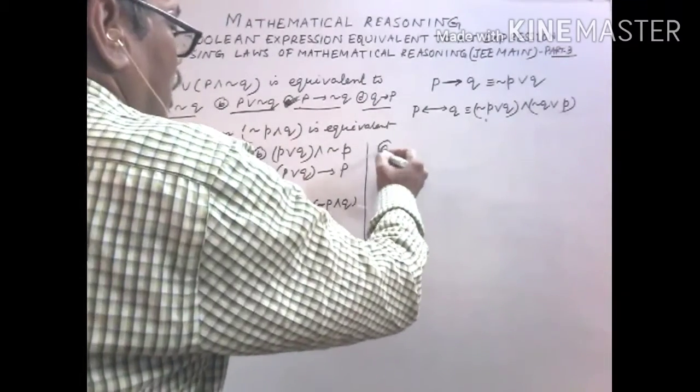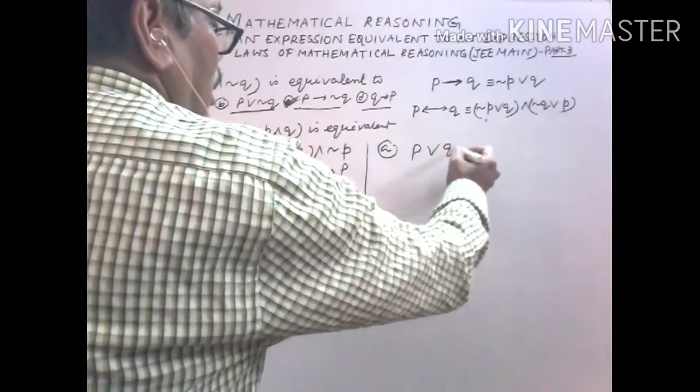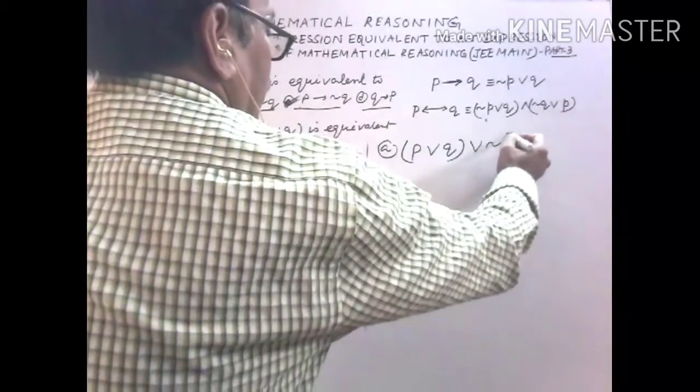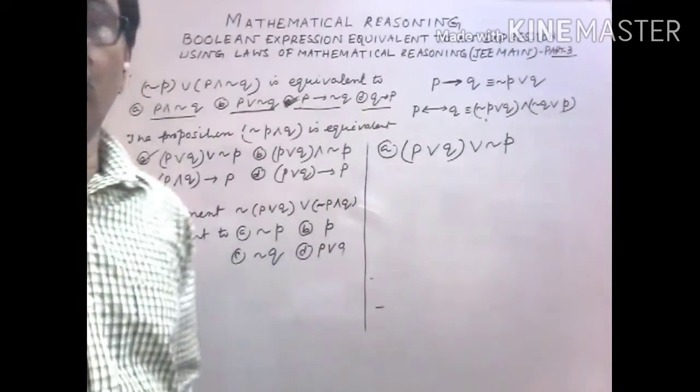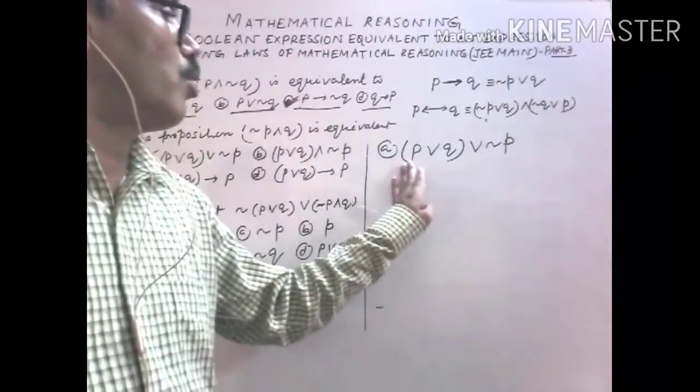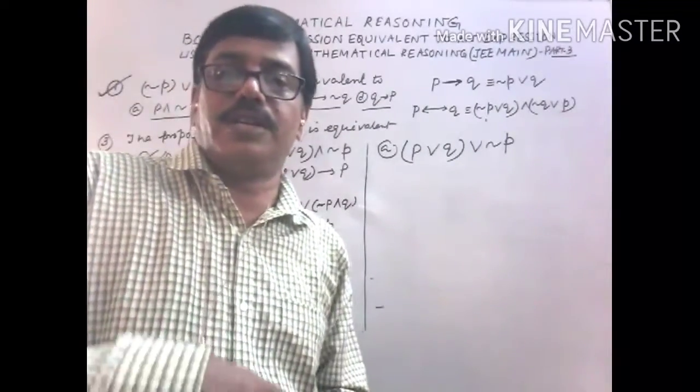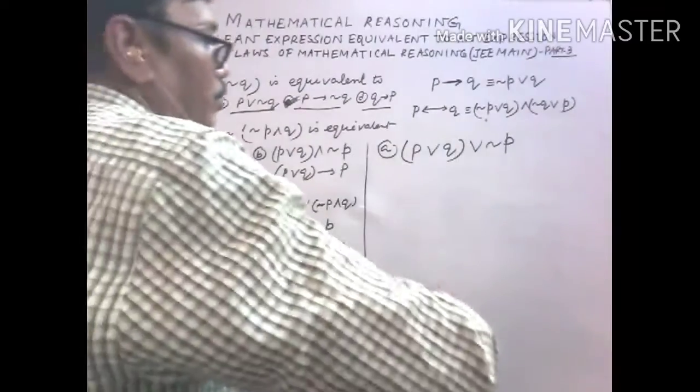from option A: P disjunction Q disjunction negation P. Now look, only one operation, that is disjunction, which in terms of set is union.